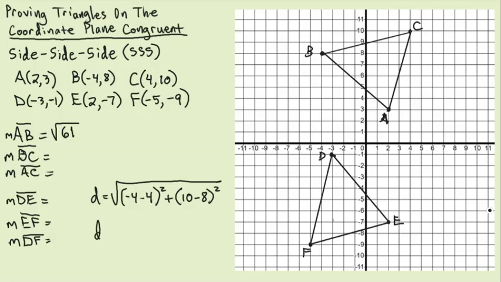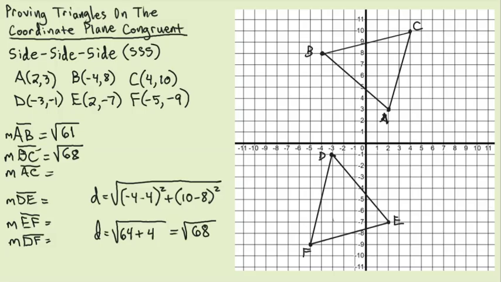So that means the distance is going to be the square root of, well, -4 minus 4 is -8. -8 squared is the same thing as 8 squared, which is 64. Plus 10 minus 8, that's 2. 2 squared is 4. So this is the square root of 64 plus 4, which is 68. So BC is the square root of 68.